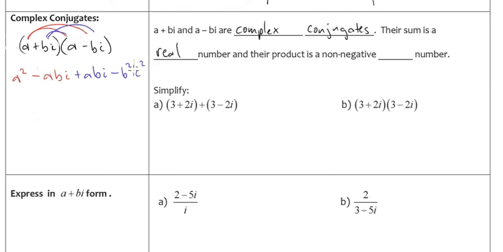Now remember, i squared is negative 1, so this is really plus b squared. So we'll end up with a squared, and then minus abi plus abi, those two terms cancel each other out, that's 0, and then plus b squared.